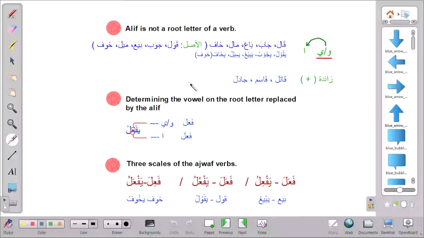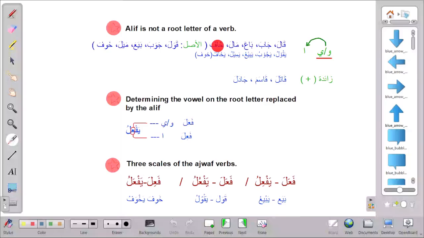So please observe here. The first one that I would like to make mention of is the fact that alif is not a root letter of a verb. If you look at the adjunct verbs, they are in this form: qala, jaba, ba'a, mala, khafa.